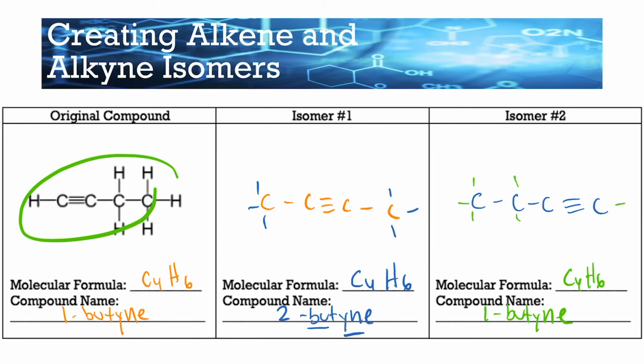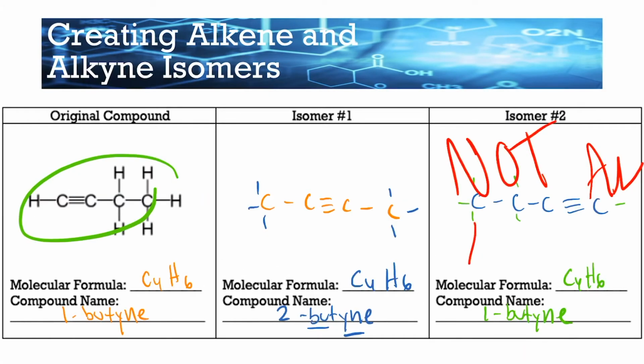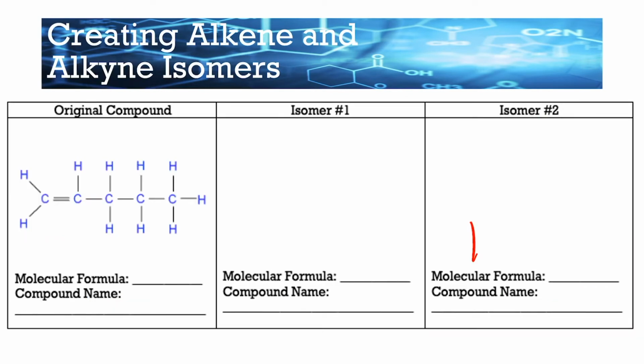So when you're naming this, you're still giving the triple bond the smallest number, so that's still carbon number 1. So this example is not an isomer. So some compounds have more isomers than others. It just takes some time to play around with it.